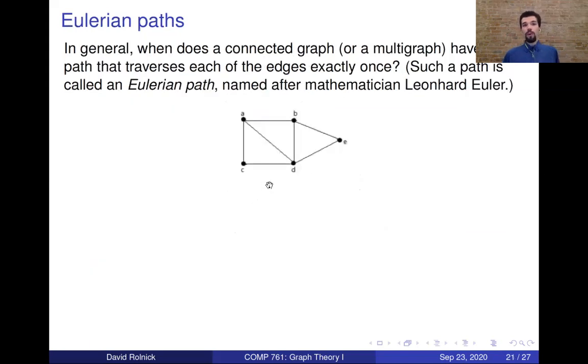So these are called Eulerian paths. And you can ask the general question, when does a connected graph or a multigraph have a path that traverses each of the edges exactly once? Such a path is called an Eulerian path, named after the mathematician Leonhard Euler.